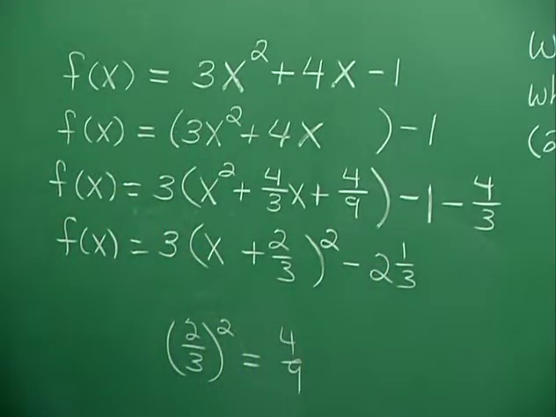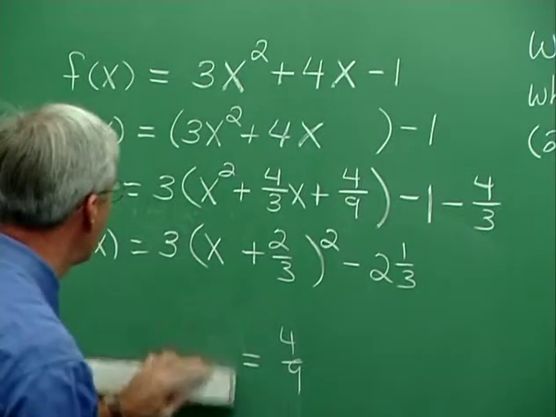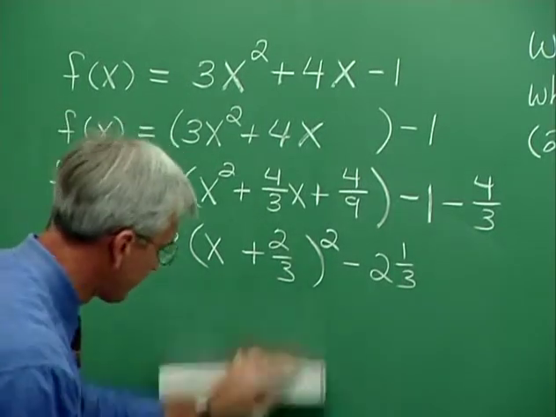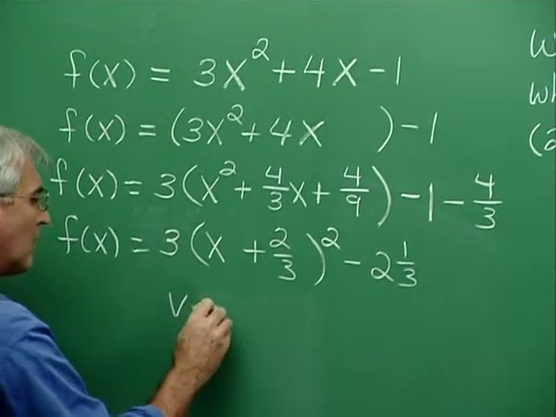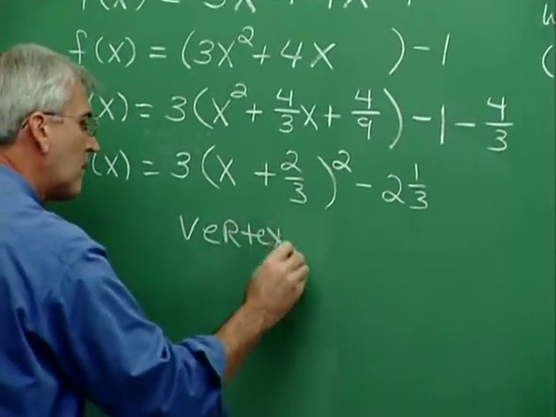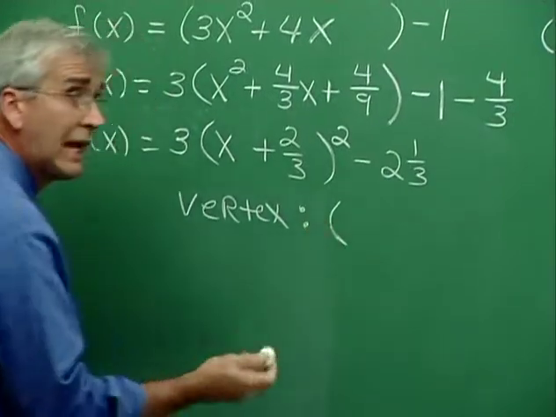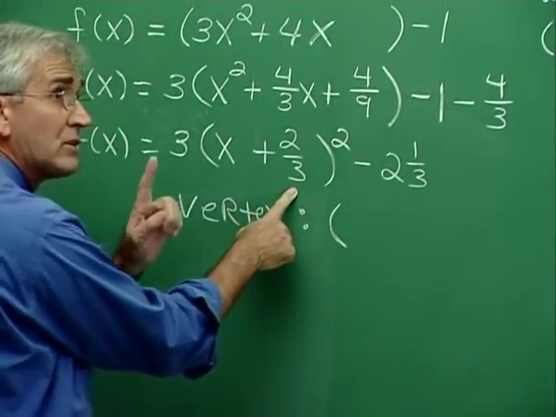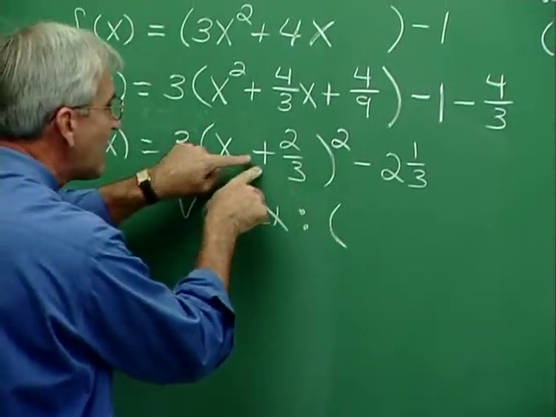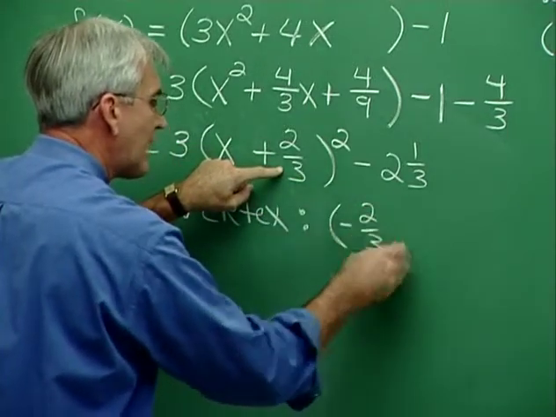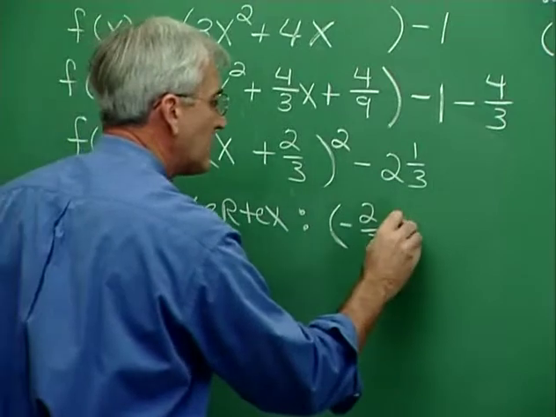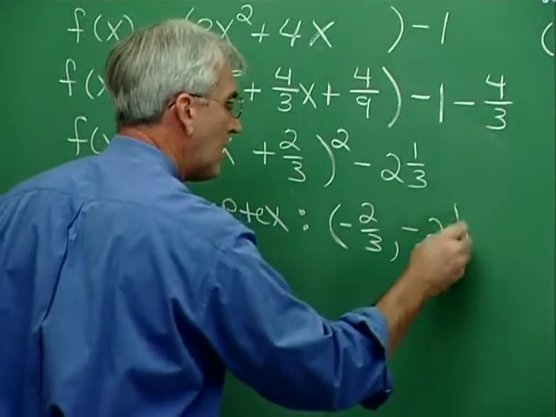Well, now we can imagine the graph here. We can think about a vertex at HK. Now, the H follows a minus sign, so we have to think of this as minus negative 2/3. So negative 2/3 for the H, and then the K is negative 2 1/3.